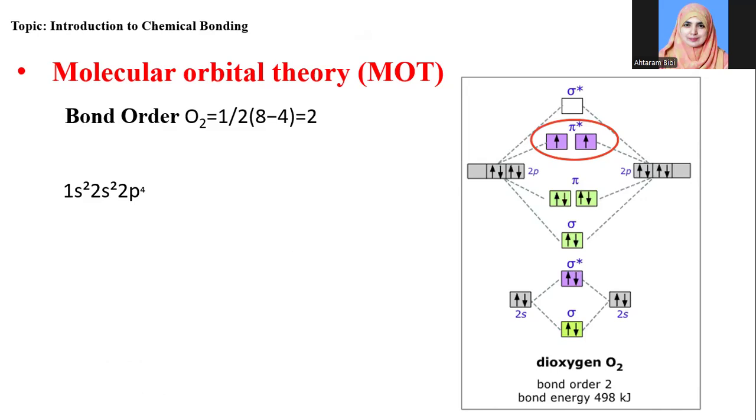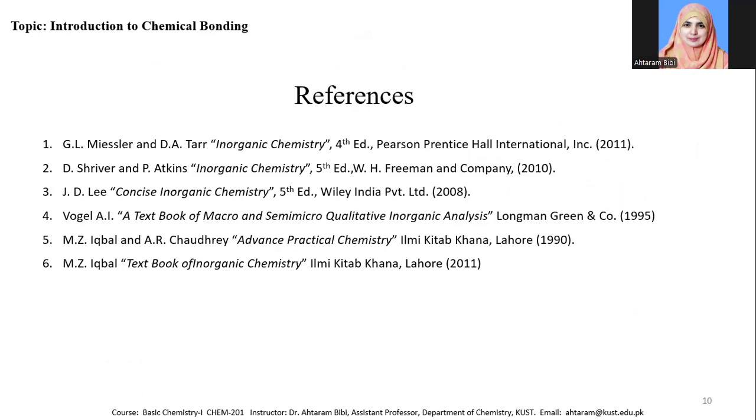On the basis of molecular orbital theory, we can explain the bond strength of various types of molecules by calculating the bond order. In today's lecture, we discussed the molecular orbital theory. In molecular orbital theory, the valence electrons overlap with each other to form molecular orbitals. There are different types of molecular orbitals: bonding, anti-bonding, and non-bonding orbitals.